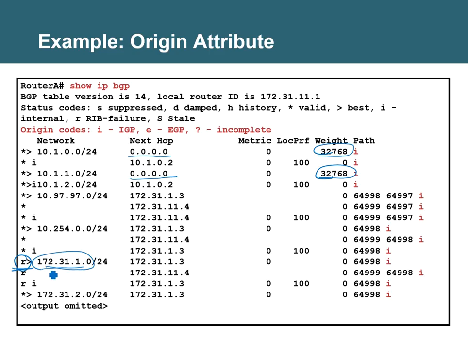The same network which BGP is giving from this next hop is also given by some other source like OSPF or static route or some other source whose administrative distance is lower than this BGP's AD.